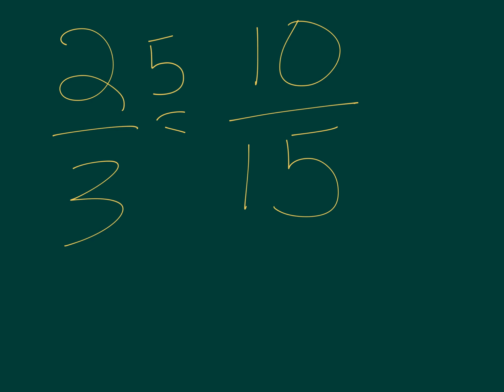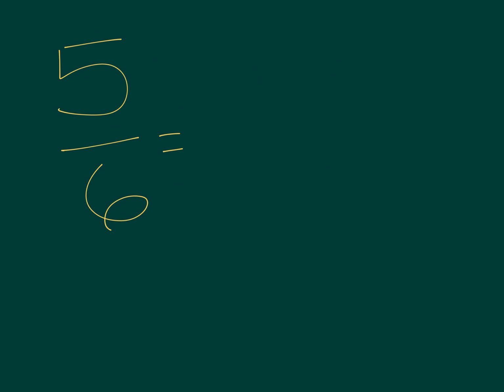Let's stick with 2/3. How else could I make an equivalent ratio? Does 10/15 equal 2/3? Hopefully you said yes, because 2 times 5 is 10, and 3 times 5 is 15.